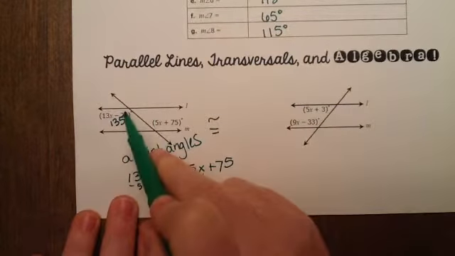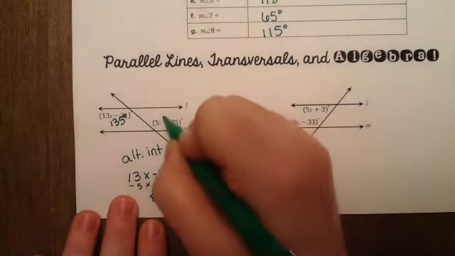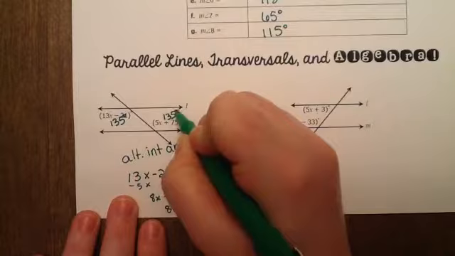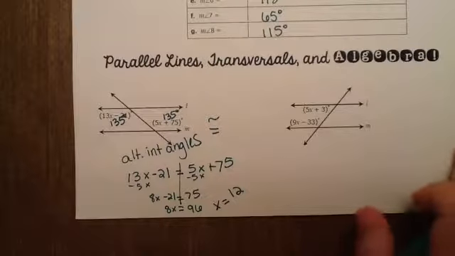If this one's 135, this one must be 135 degrees. So figure out what type of angles you have. Solve based off of if they are equal to each other or if they add to 180. Nice job.